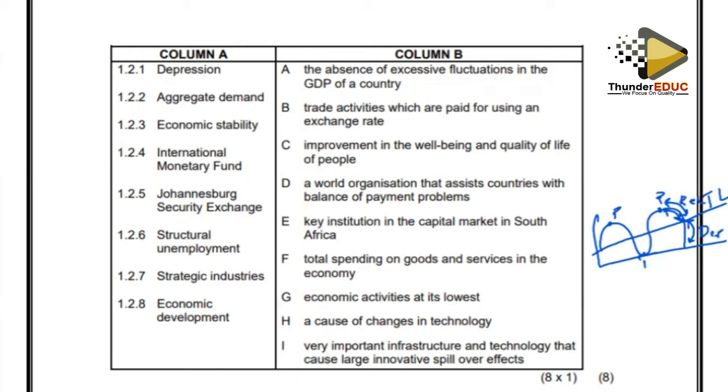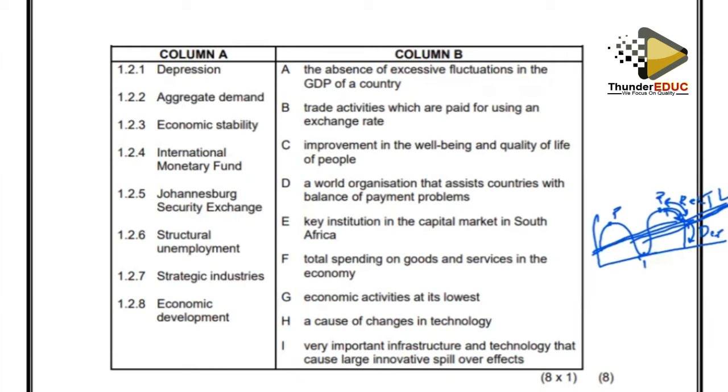So it means that the moment an economy has reached depression, it is totally bad. Why are we saying totally bad? Because if you check our graph, this depression falls under the trend line, and remember the trend line is a line that measures long-term economic growth.